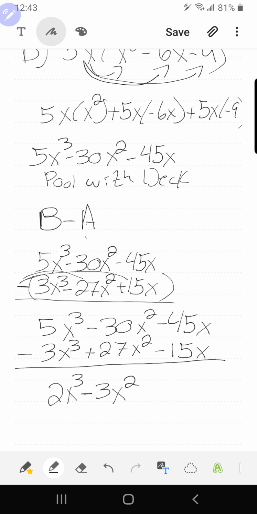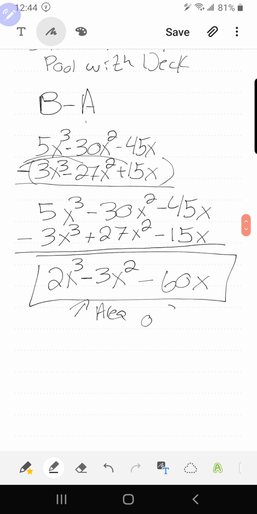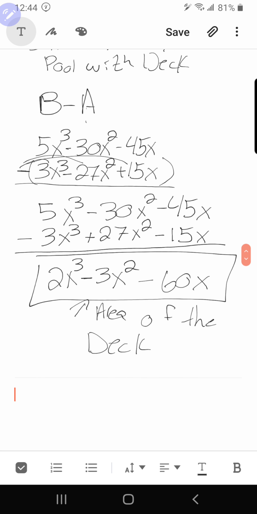They're both like terms, so we combine and keep the sign: 45 plus 15 is 60, so minus 60x. So the area of the deck is 2x cubed minus 3x squared minus 60x.